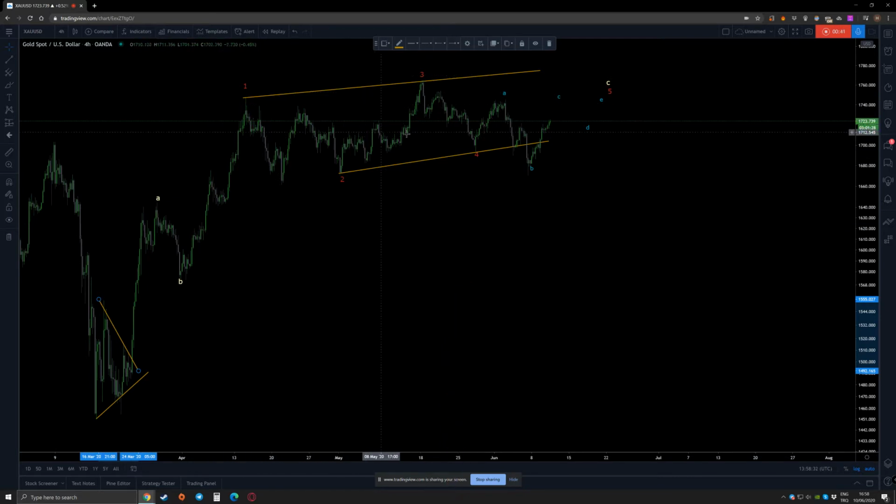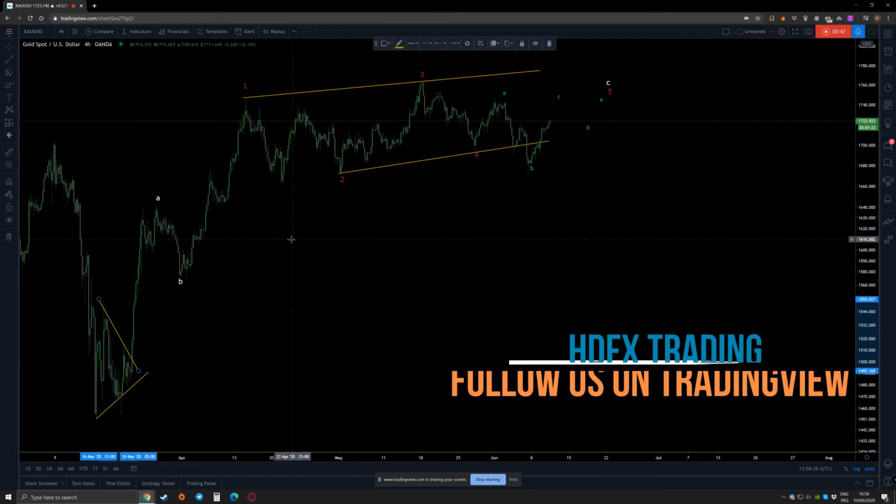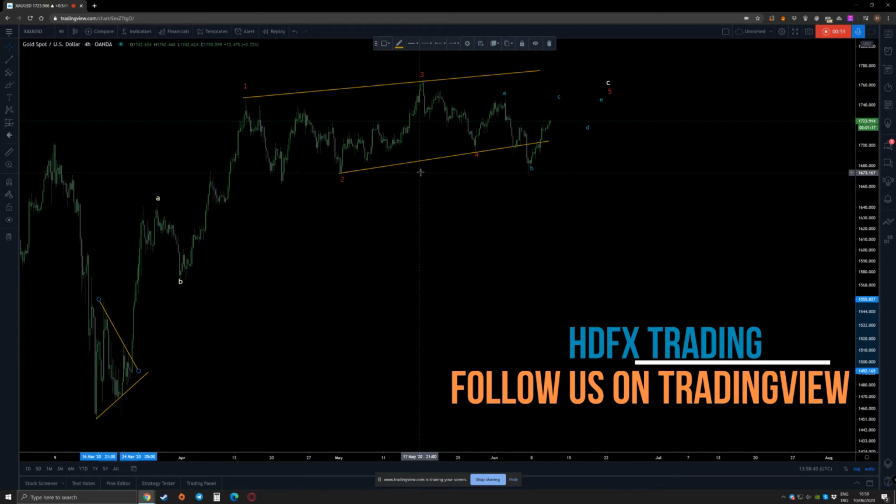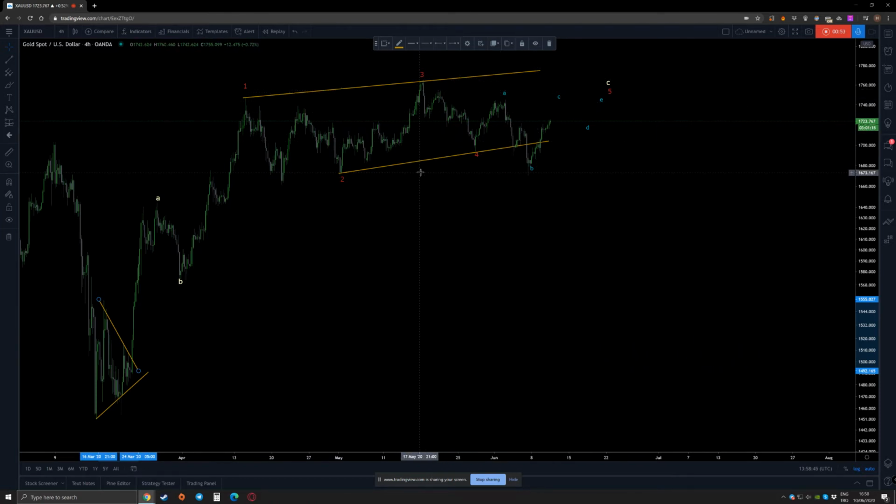After this wave, it doesn't look impulsive to me anymore. If you look at it, after this consolidation, it actually does look like some type of wedge formation. Okay, so if that's the case, then we should look at it from a different perspective.